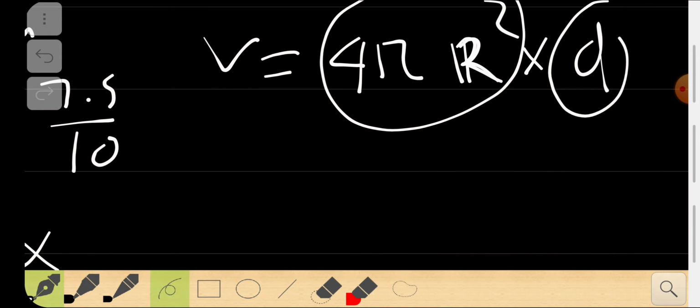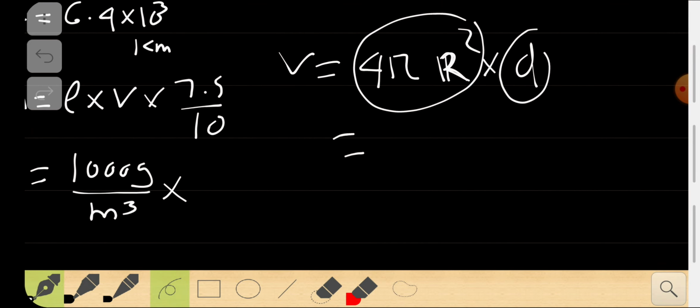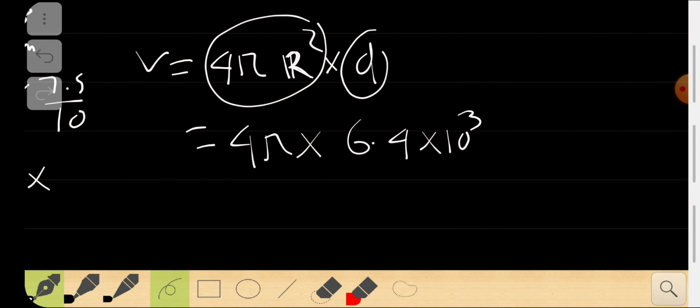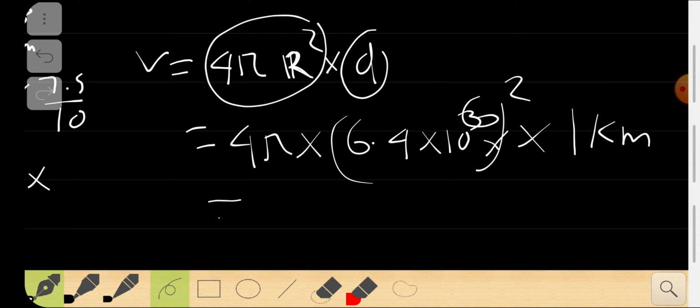Now you can substitute those values and you get 4 pi times 6.4 times 10 to the power 3, the whole times 10 to the power 6, because it's in kilometers and we have to convert it to meters, the whole square, times the average height of water. It can go up to 10 kilometers depth, and the average will be around 1 kilometer.